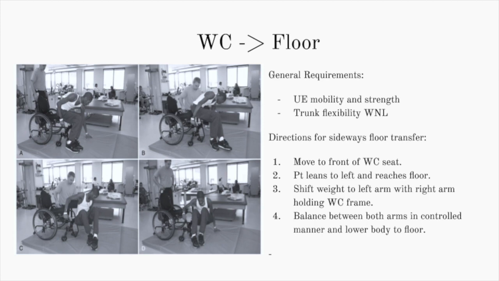After that, outstretch your left arm to reach for the floor. Use both arms to control your descent to the floor. Once you have landed safely on the ground, then clear distance between yourself and the wheelchair to avoid any collision.